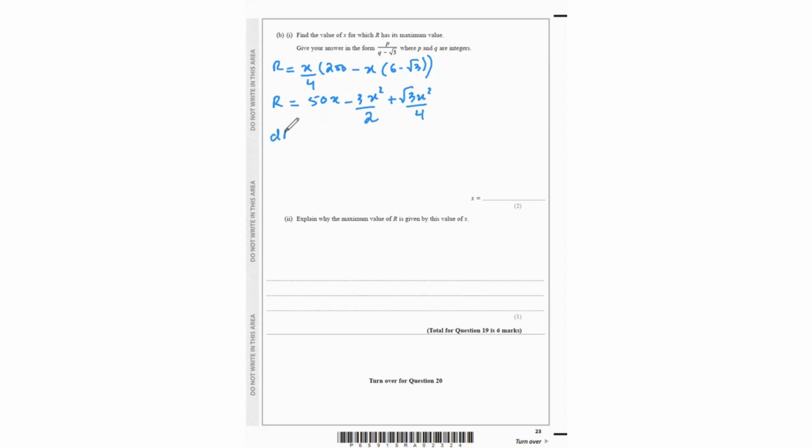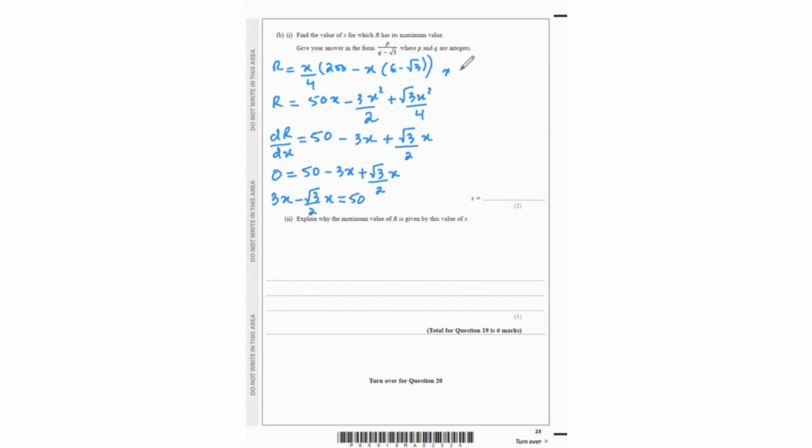Now we differentiate this with respect to x. So 50 minus 3x plus root 3 over 2 times x?  Put the derivative equal to 0. So 50 minus 3x plus root 3 over 2 x. So we take negative 3x plus root 3 over 2 x to the other side. So 3x minus root 3 over 2 x equals 50.